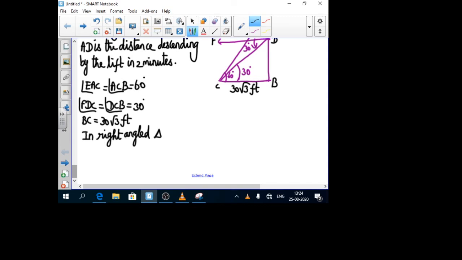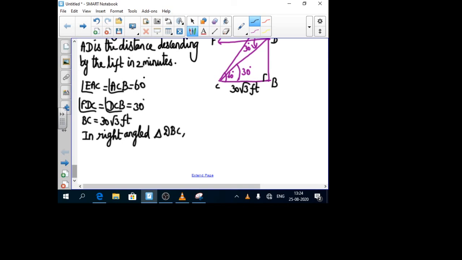Here we want to use the angle 30 degree, so we take tan 30 in right angle triangle DCB. This is 90 degree.